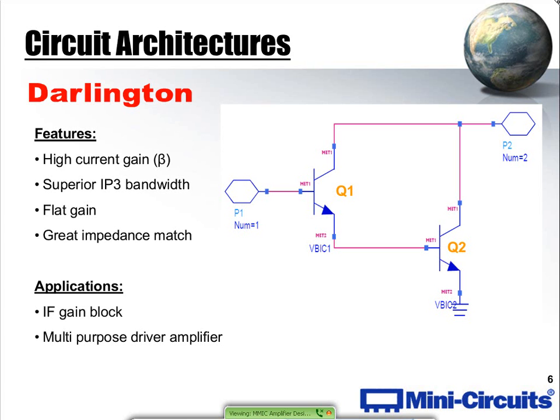As I recall, in the Avantek days, which were some of the earliest MMIC RF amplifiers put on the market, the dominant structure was Darlington, and it still has some very good advantages that we make use of today. First of all, it can be implemented in either a bipolar, as shown in this diagram, or it can be implemented with FETs.